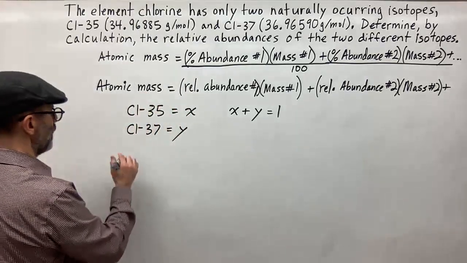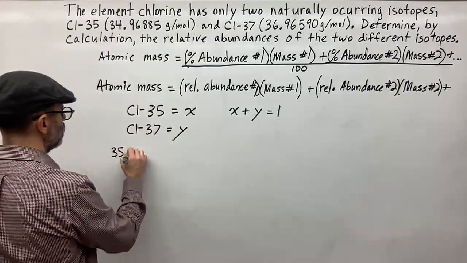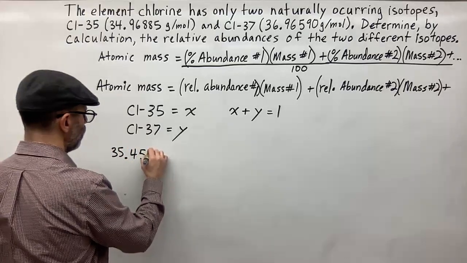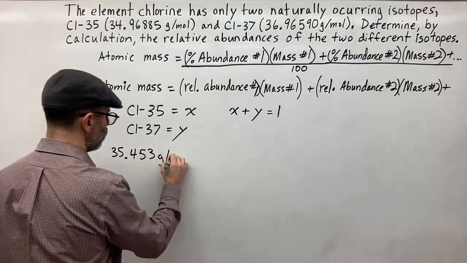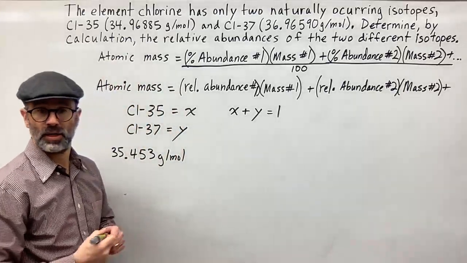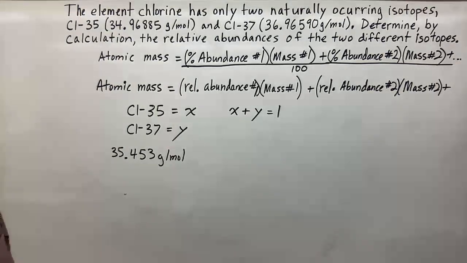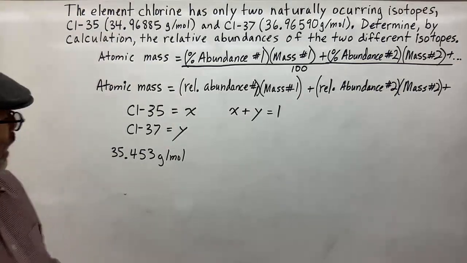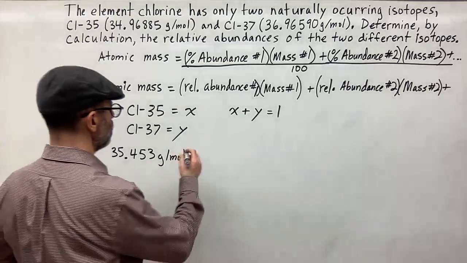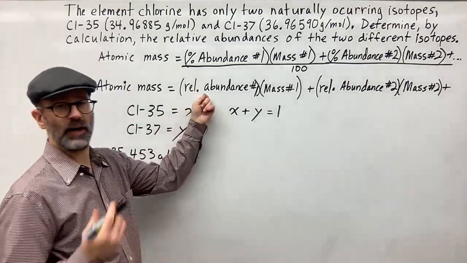So we're going to put 35.453 grams per mole. That's the atomic mass from your periodic table. So let me just make sure I wrote it down correctly. 35.453. Good.